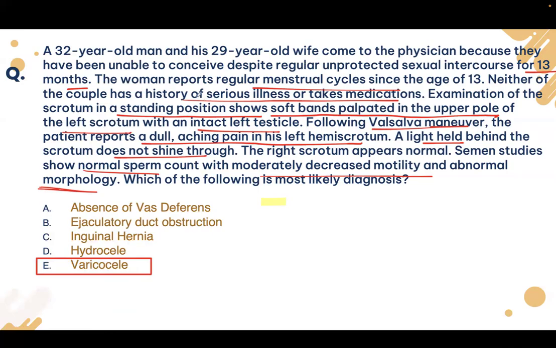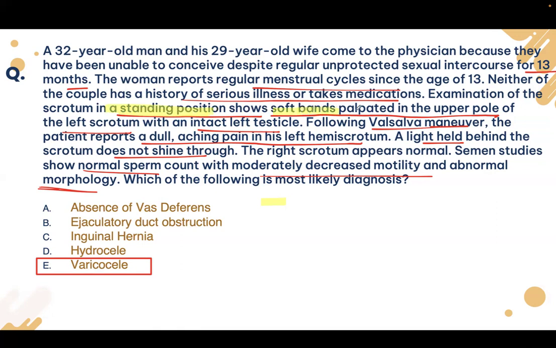Okay. So here we have a patient who's trying to conceive for 13 months. So here we have a case of infertility, okay? What they did is that they took the male patient and did a physical examination of the scrotum in standing position.